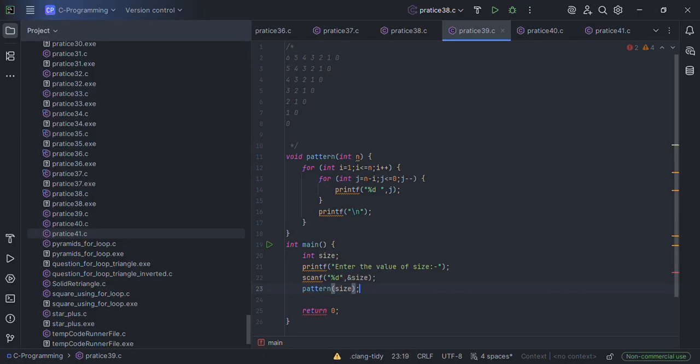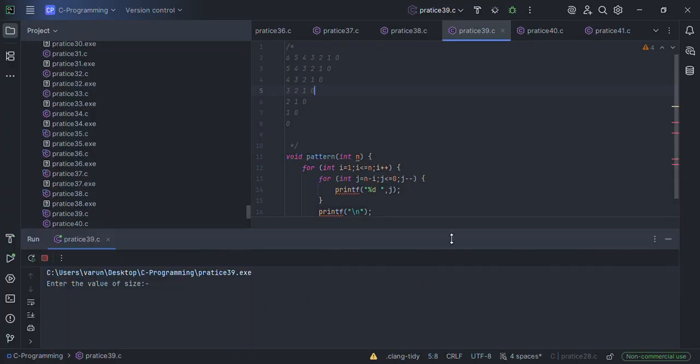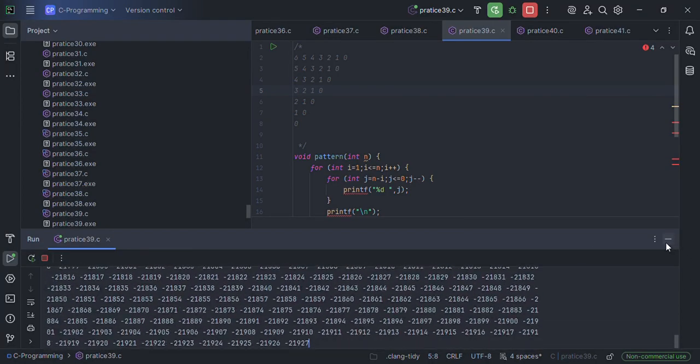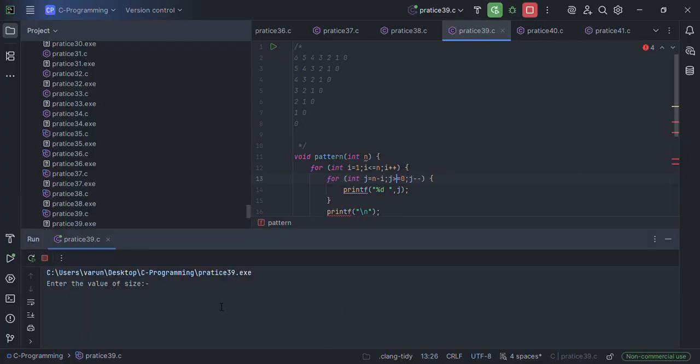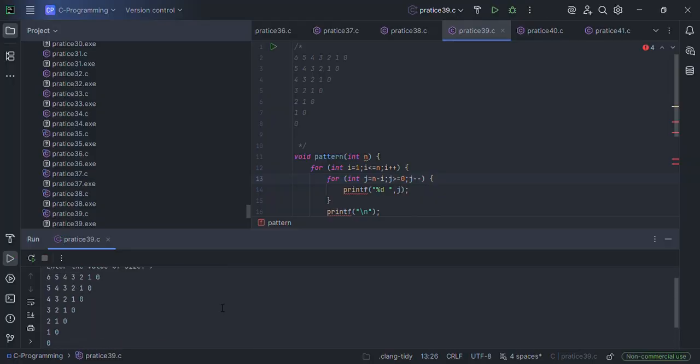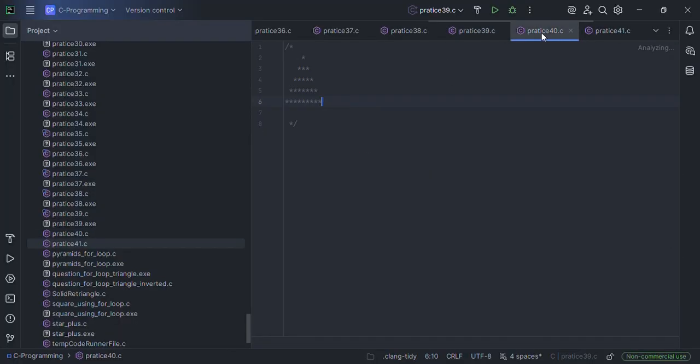Okay, so this should be greater than zero. Let's need to push. Okay, so number of columns are one, two, three, four, five.